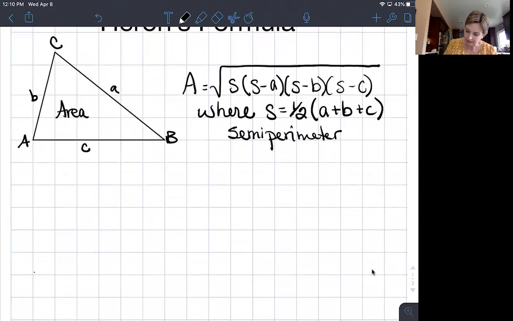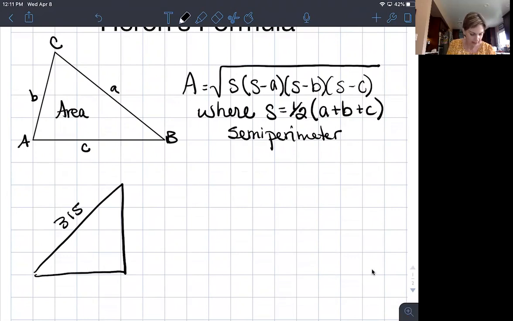Let's say I have a triangle like this. I don't know if it's a right triangle or not. I'm not told whether it is or isn't. It's just a triangle, and here are my three side lengths. Let's say this one's 280. Okay, not necessarily drawn to scale. And I want to know what the area is of this triangle.